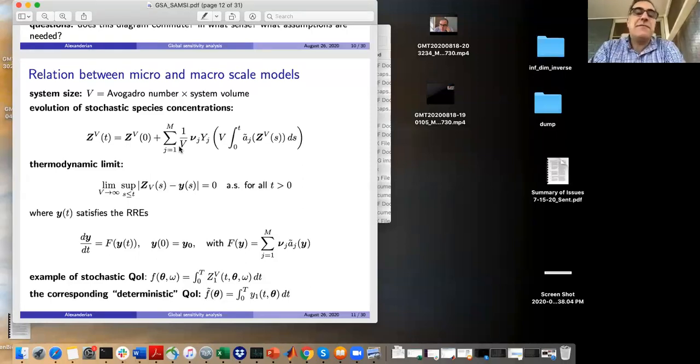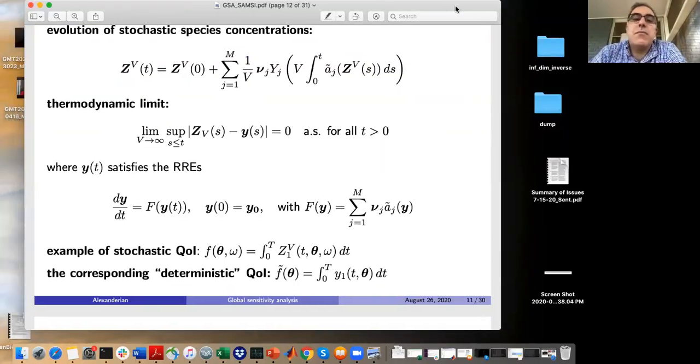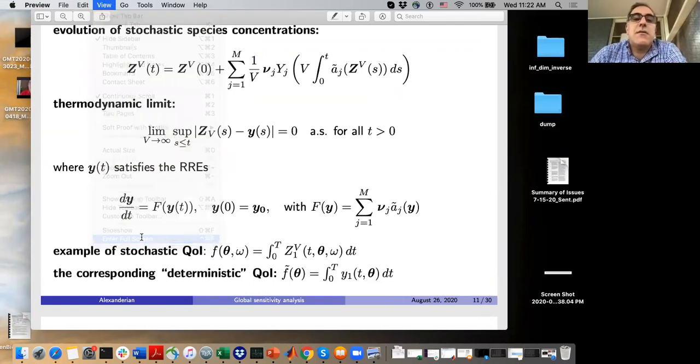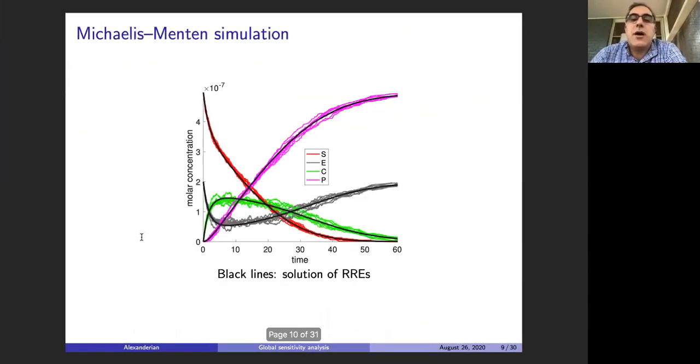I can give an intuitive idea of how you would simulate that. If you're using the so-called stochastic simulation algorithm, at every point in time you have to determine what's the next reaction that's going to fire, and at what time, and those are random.